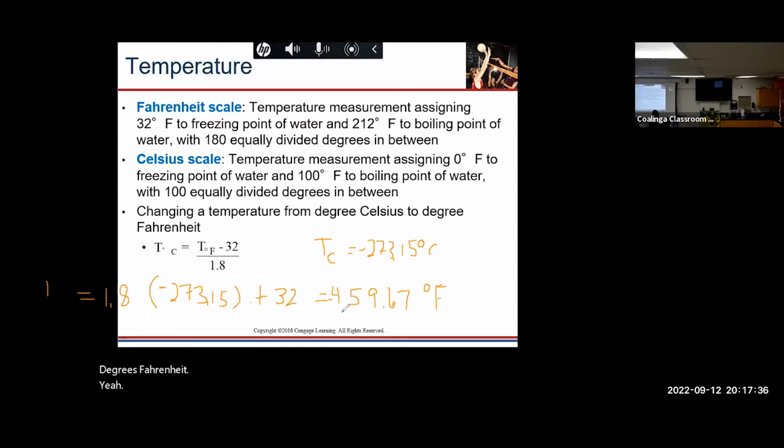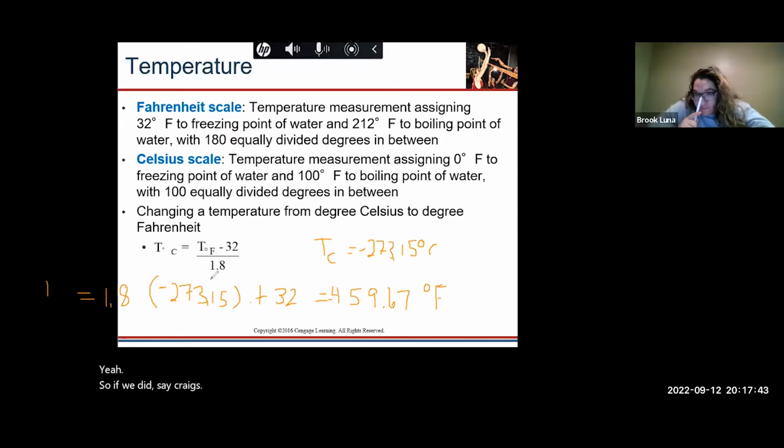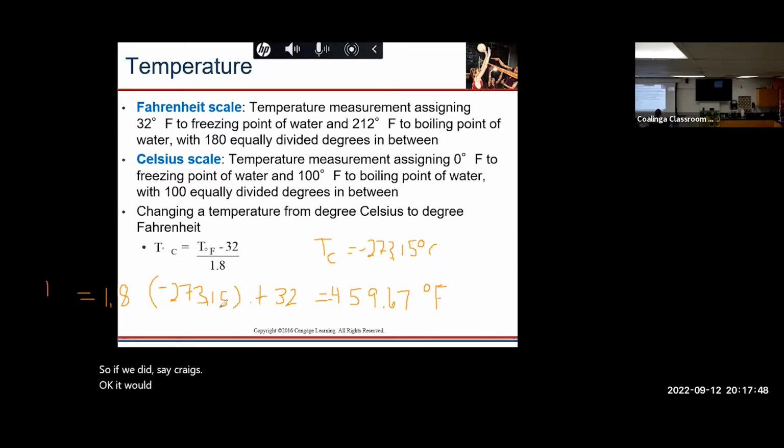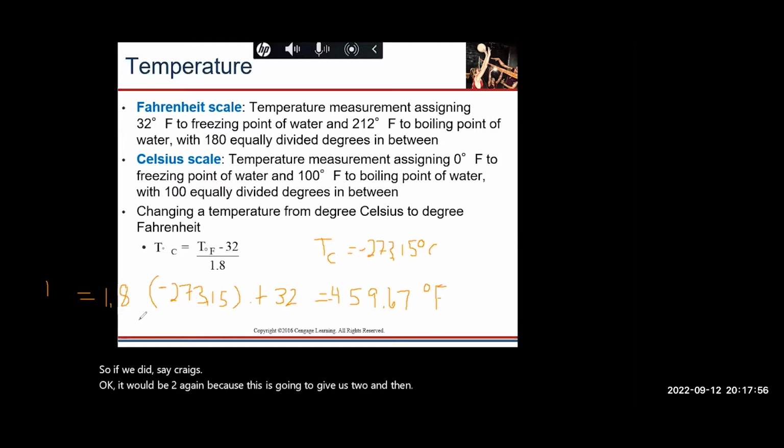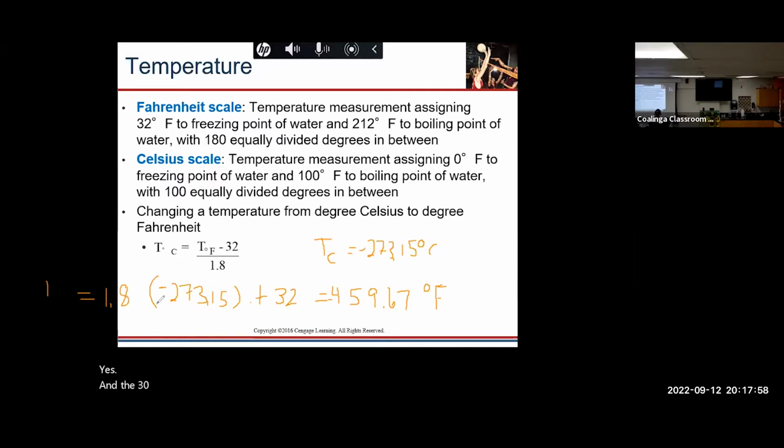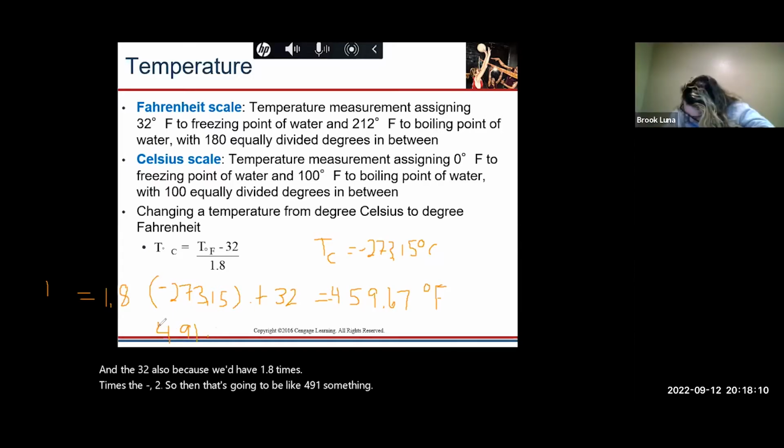So if we did sig figs, the 2 would come from the 1.8. Because we have 1.8 times the negative 273.15, that's going to be 491.67.